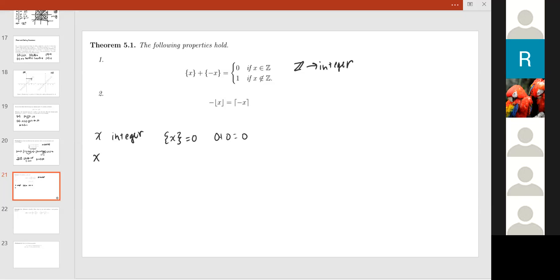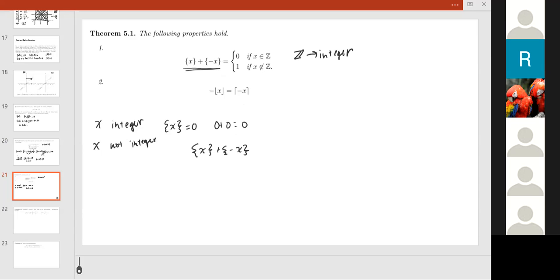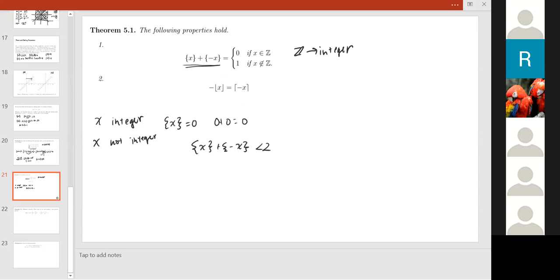If x is a non-integer, we know that these are both positive, and we know that each is strictly less than 1. So their sum is greater than 0 and less than 2. And since it's an integer, it must be 1. So we have that the fractional part of x plus the fractional part of negative x is strictly between 0 and 2, and it's an integer.